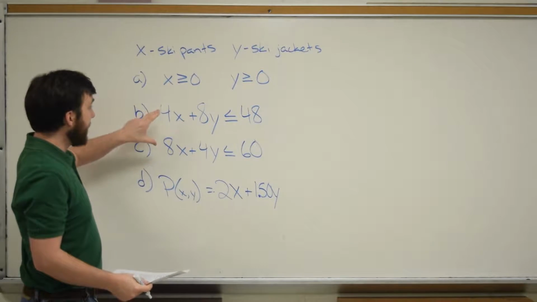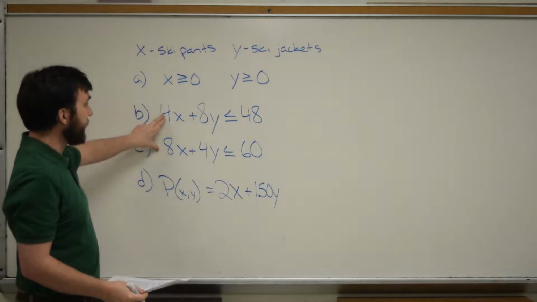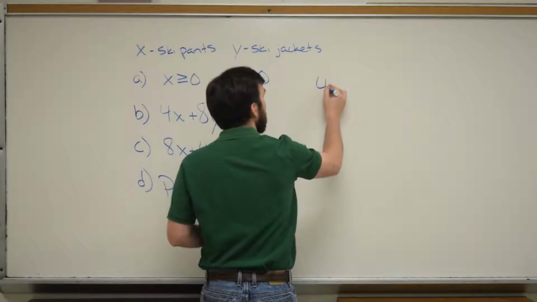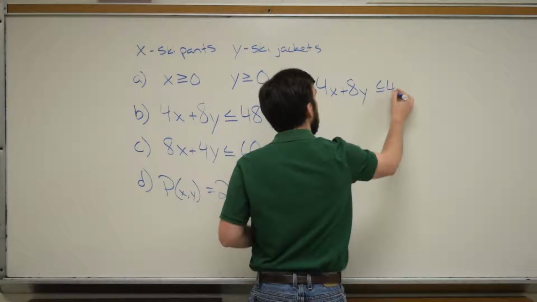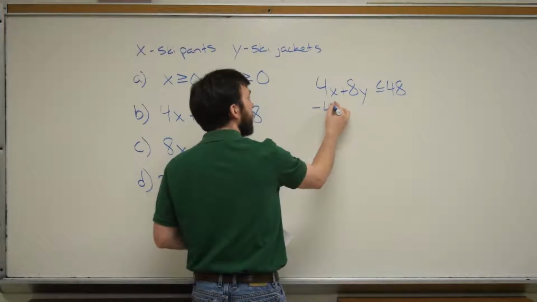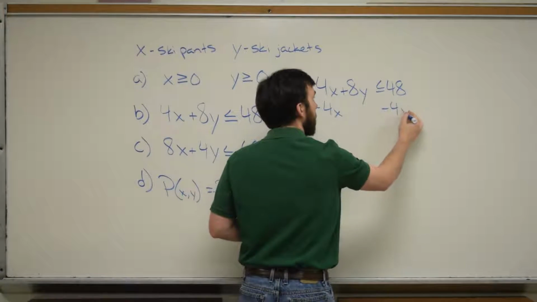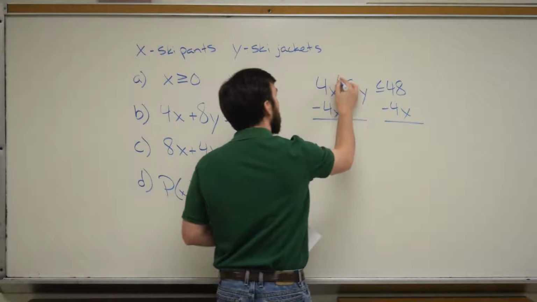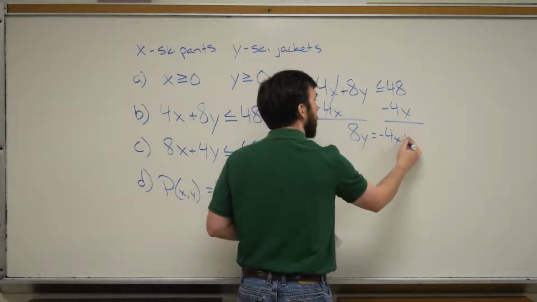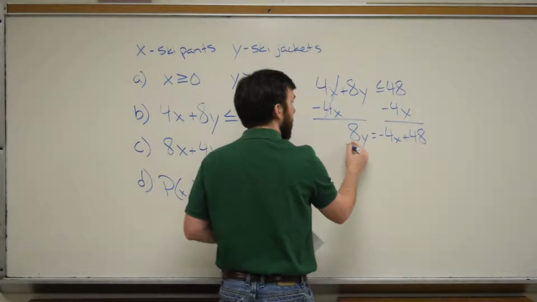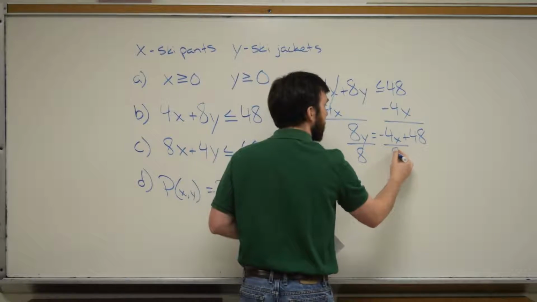I think I'll go ahead and get Y by itself for these 2. So we'll subtract 4x from both sides. And then we will divide by 8.